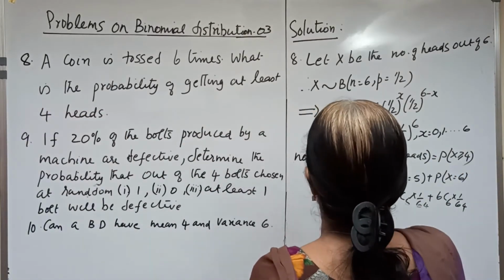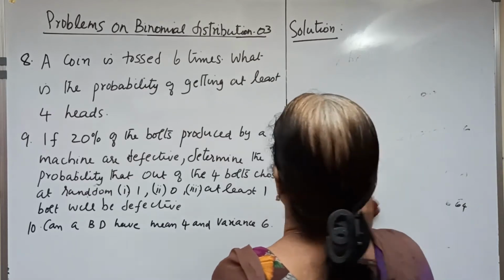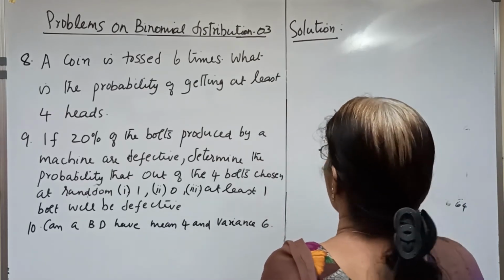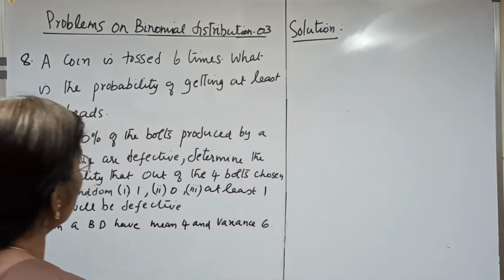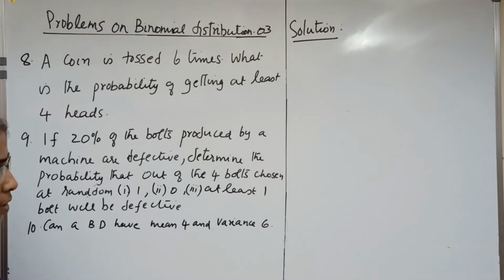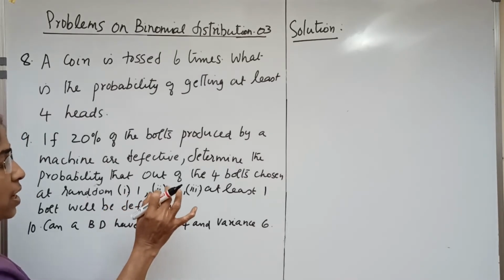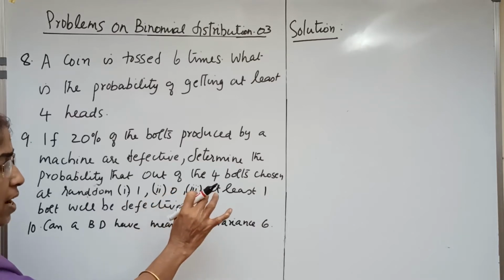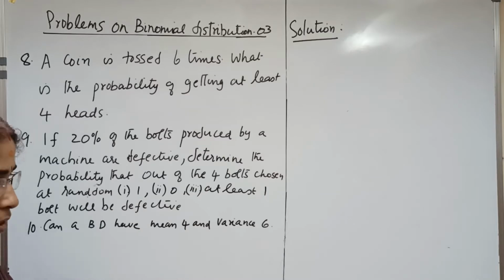The question is, if 20% of the bolts produced by a machine are defective, determine the probability that out of 4 bolts chosen at random, case 1 is 1, case 2 is 0, case 3 is at least 1 bolt will be defective.